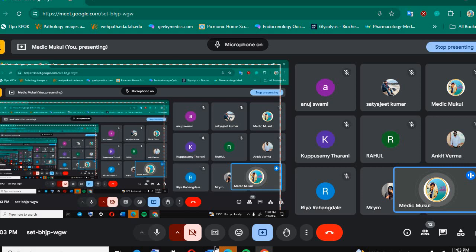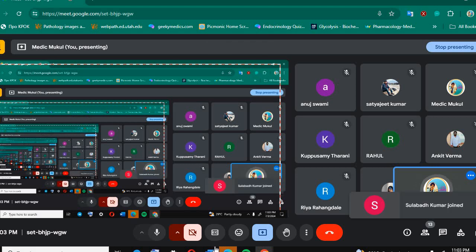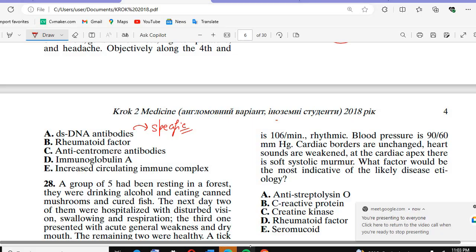Okay, so let's continue. Remember that in SLE, when we talk about SLE, there would be a specific antibody, and that specific antibody is the double stranded DNA antibody.